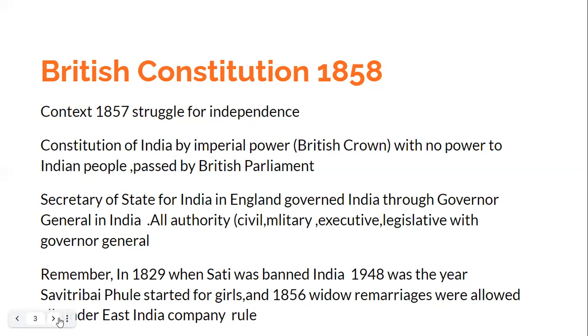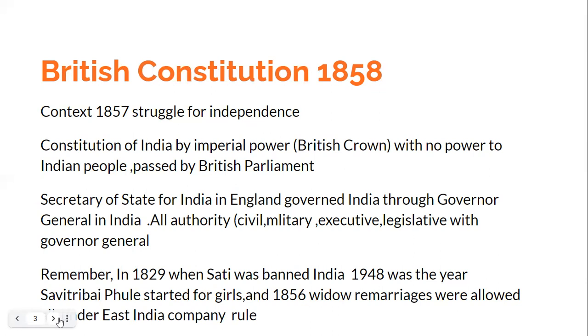Though the territories were divided into provinces with a governor or lieutenant governor, aided by an executive council, as the head of each of them, these provincial governments were merely the agents of the government of India, and they were to function under the superintendence, direction, and control of the Governor General in all matters. There was no separation of functions, as I said, and all the power was concentrated in the hands of the Governor General in Council.